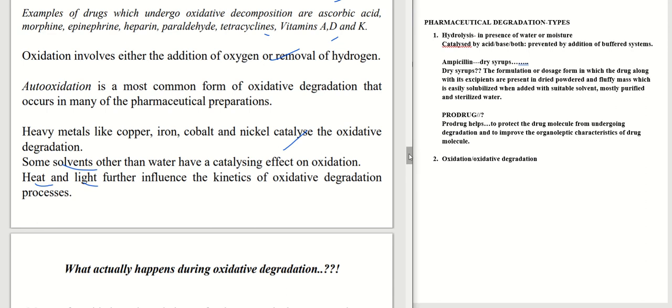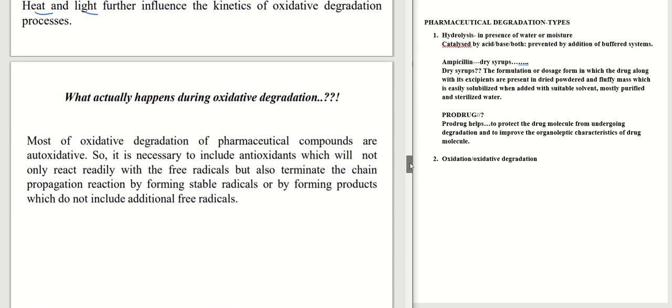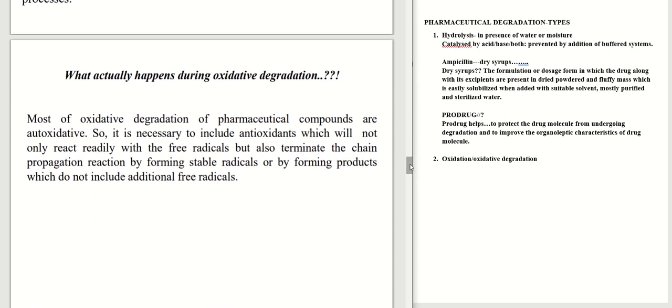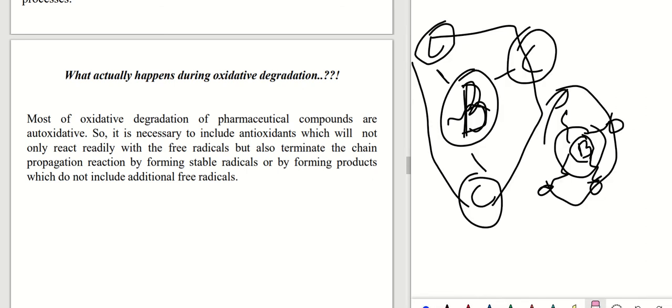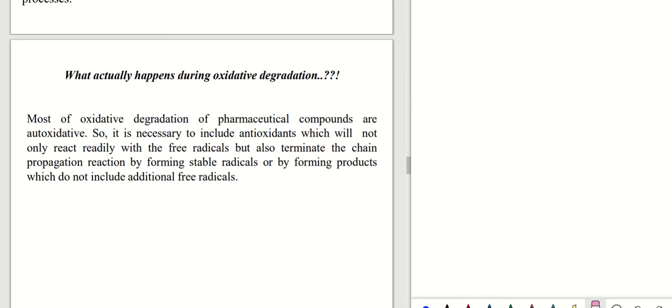Now let us see what actually happens during oxidative degradation. Why is it really necessary to know the molecular concept? Yes, if we get to know what actually happens, we can easily tackle this kind of problem. So what actually happens? Let me explain this way.